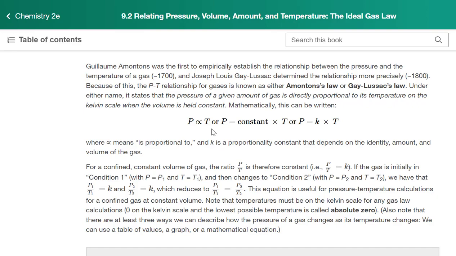Another way to write that mathematically is to say pressure is equal to a constant times the temperature. So we're writing that here, pressure, and the K here is the constant. Pressure is equal to a constant times the temperature. Okay, so that is the simple gas law that this data is showing us. As one goes up, the other goes up.